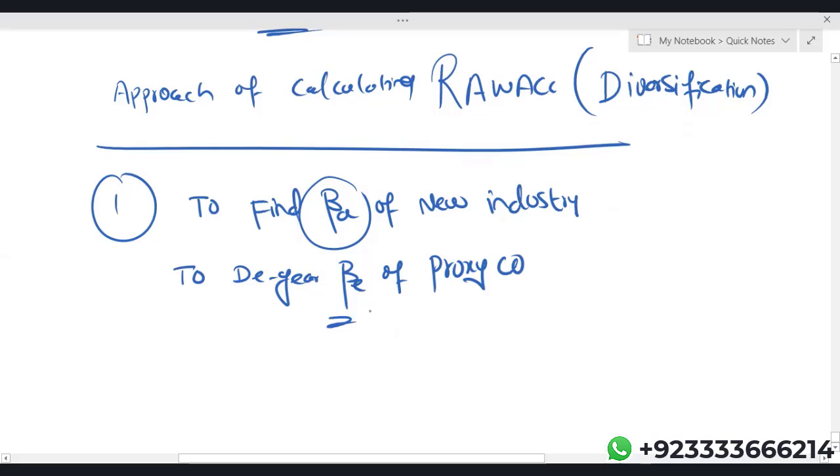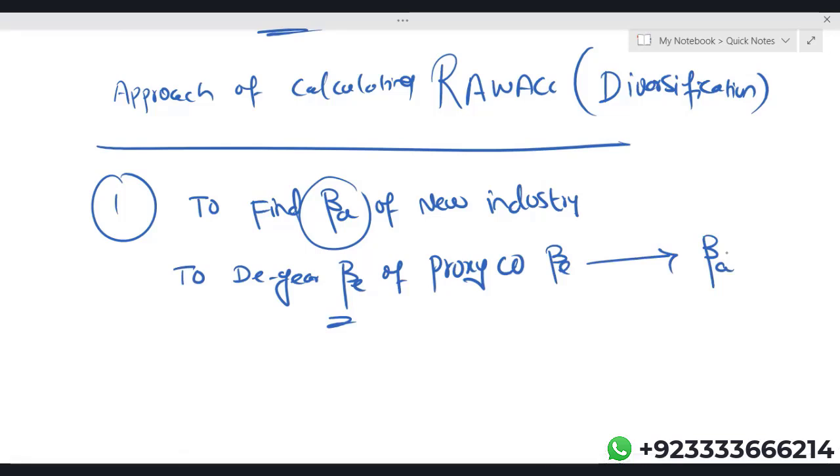De-gear means ungear. So you will be converting beta equity into beta asset. We'll be using beta equity and financial gearing of the proxy company to convert beta equity to beta asset.